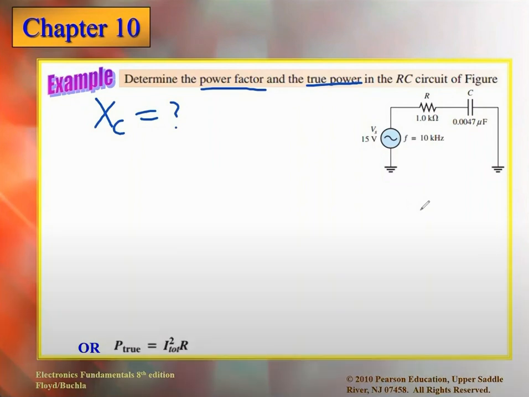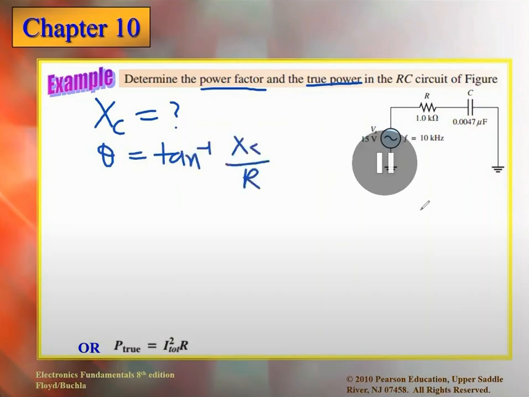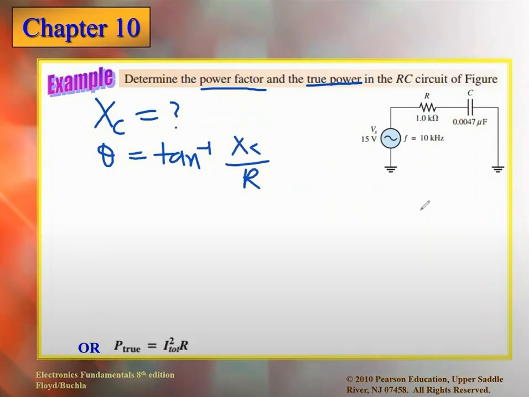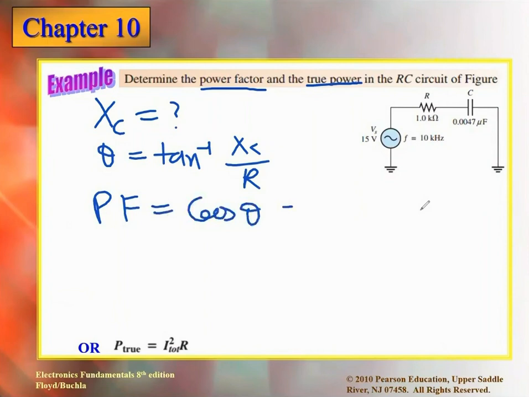The phase angle theta. So tan inverse of XC over R. After getting this, PF, the power factor, is cos theta, and we can get whatever the value is, no problem. So we will finish this one. Next is true power.